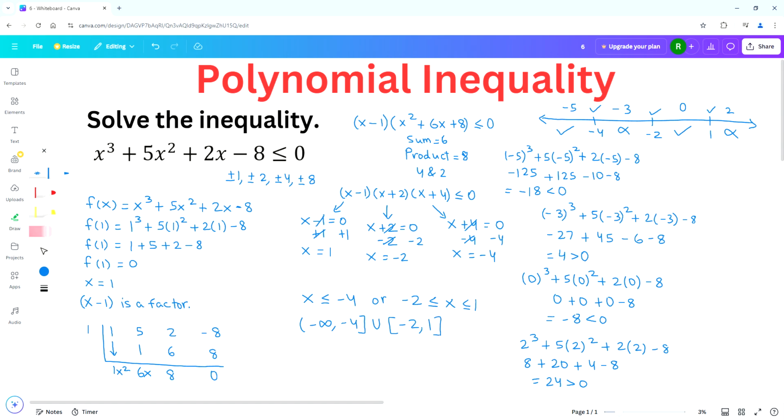This should be the final answer for this inequality. So these are the steps you have to keep in mind to solve a problem like this one.